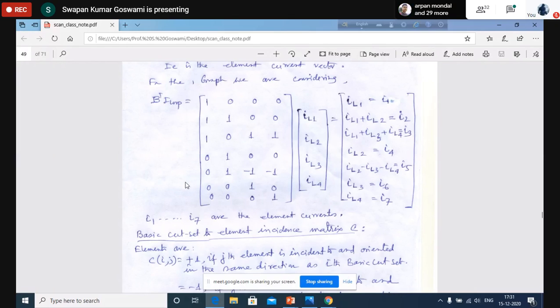This is how you can utilize the matrix B to obtain the solution of the network using loop analysis technique, and you can write the Kirchhoff's voltage law using this matrix B. Not only that, after solving for the loop current, you can find the element current in terms of the loop current using the transpose of the matrix. Okay, this is what we have shown here.